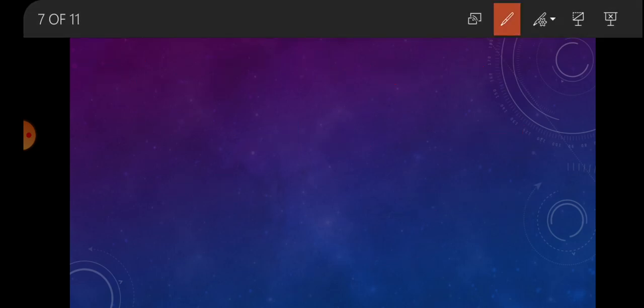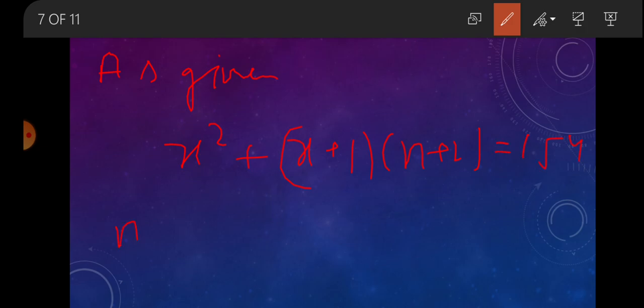Again I will write as given, sum of square of first, so it will be x square, and product, so it will be x plus 1 x plus 2 is equals to 154. So it will become x square, multiplication will yield 3x.